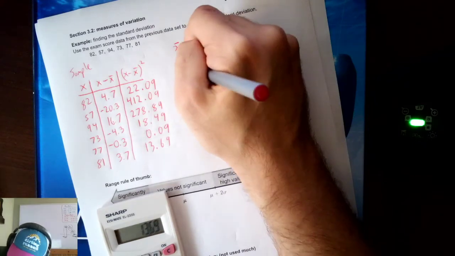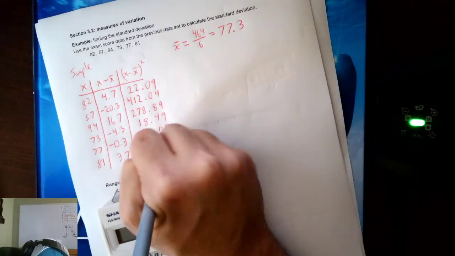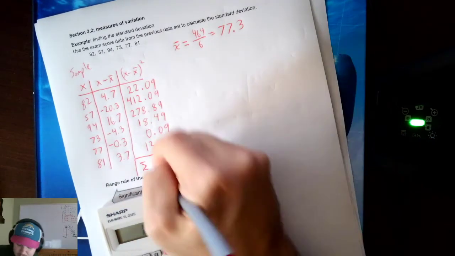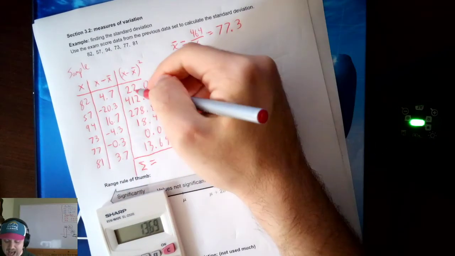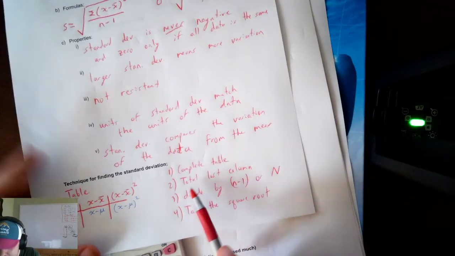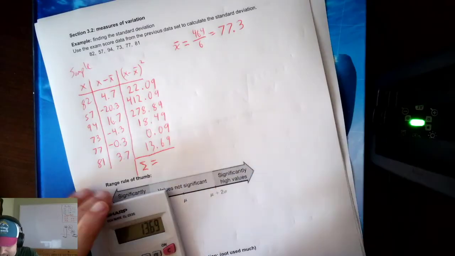Now, I like to write a little box here and put a little sum symbol on the bottom of my chart and put an equals. I need to total, right? I completed the table. I need to total the last column. I need to add up all these numbers.